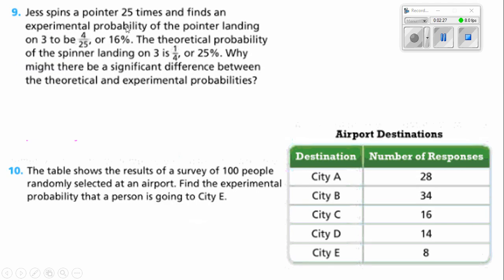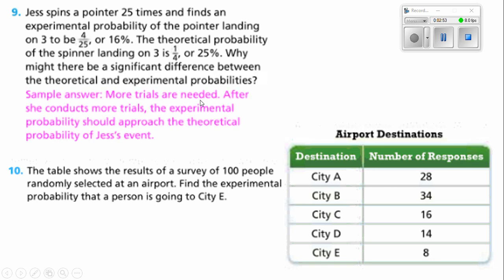Jess spins a pointer 25 times and finds an experimental probability of the pointer landing on 3 to be 4 out of 25 times, or 16%. The theoretical probability of the spinner landing on 3 is 1 over 4, or 25%. Why might there be a significant difference between the theoretical and experimental probability?